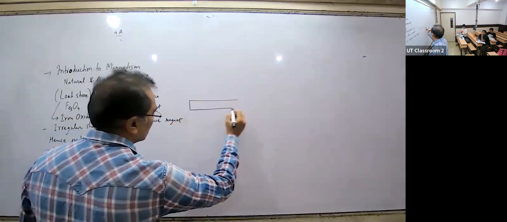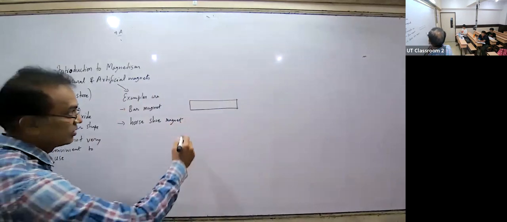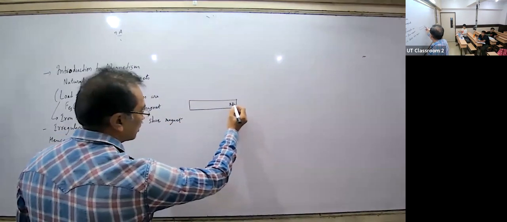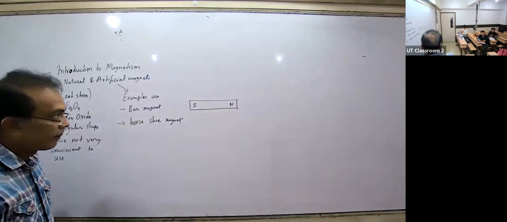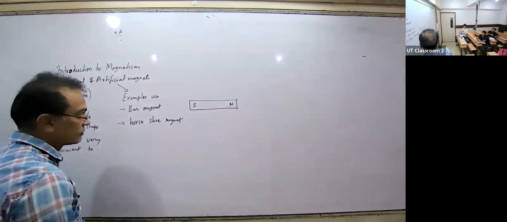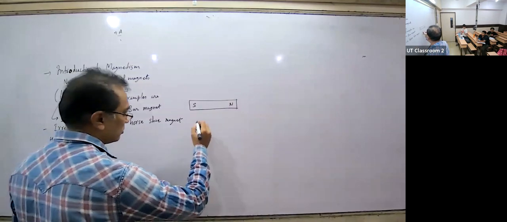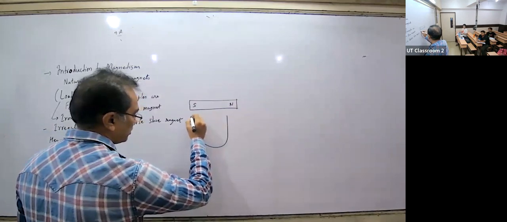Just a plain iron rod in the shape of a bar. Okay, so this is a bar magnet. How to make this? That also we'll learn in this chapter. And horseshoe magnet is a U shape magnet.